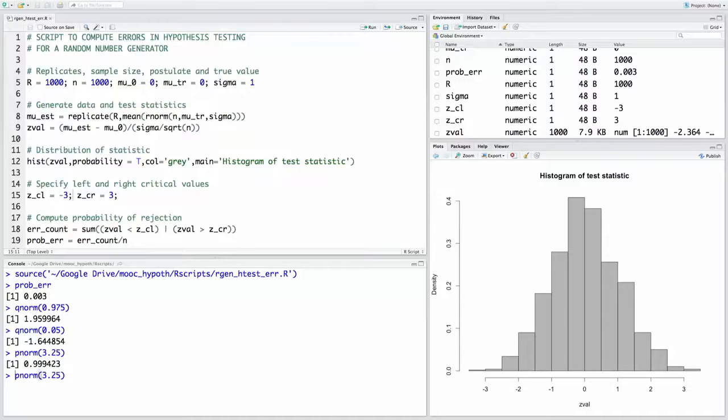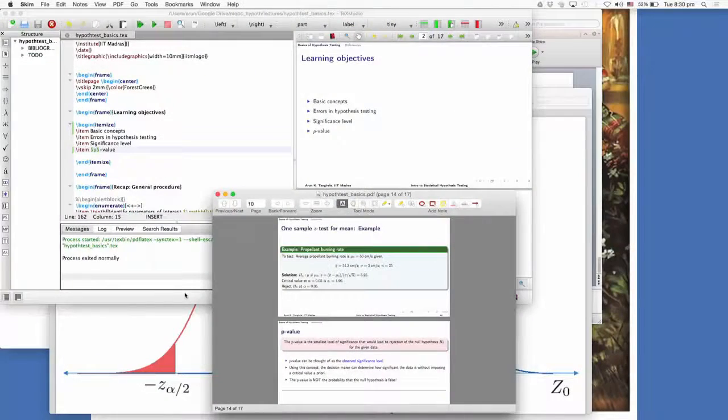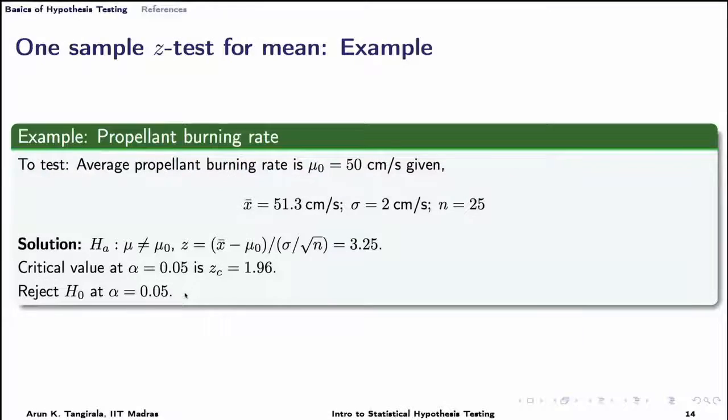So, what I should be calculating is 1 minus pnorm, and that gives me roughly 0.0006. This is alpha by 2, therefore, alpha is 0.0012, right. So, that is the smallest value of alpha for which the null hypothesis would have been rejected.